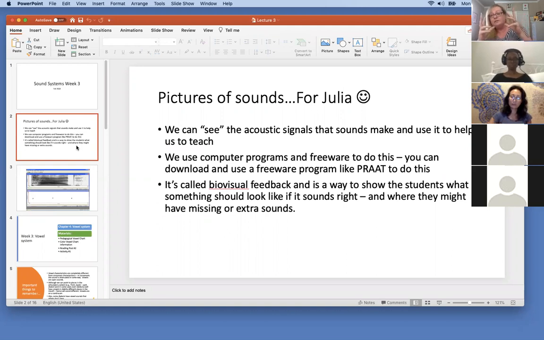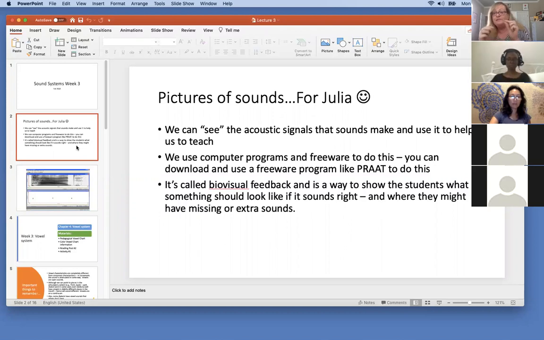Because we can actually see the acoustic signal, and vowels and different consonants make different pictures. We can actually take a picture of a word. If someone says a word, we can look at what the acoustic signal says, and we can use this to give students biovisual feedback.